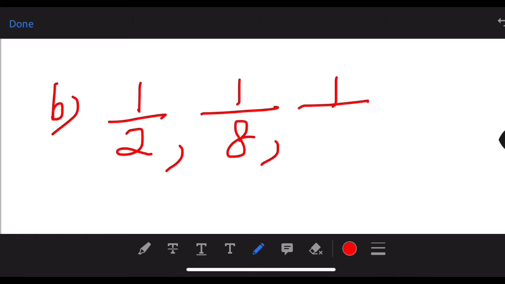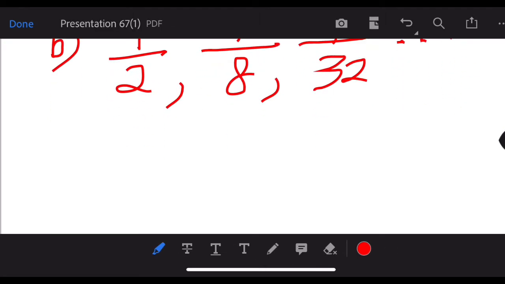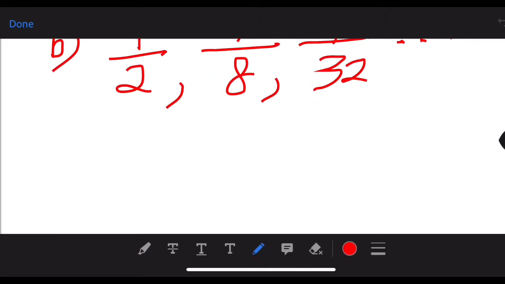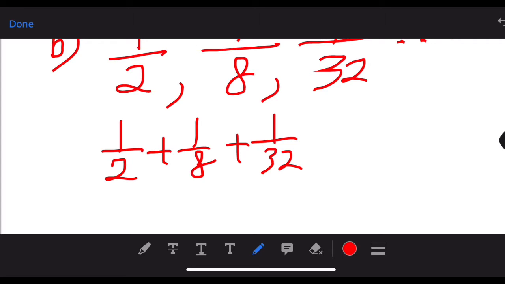So for part B, we have to list out. Normally when we do GP, we list out the first three terms, so 1/2, 1/8, and 1/32, and it will continue indefinitely, meaning never ending. So we know that it's sum to infinity, meaning you are going to sum up everything like this until never ending.